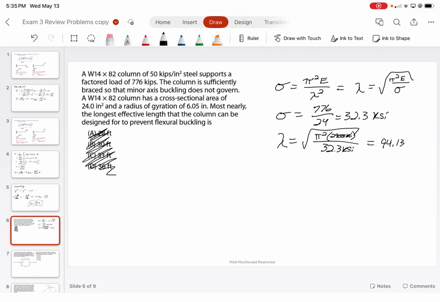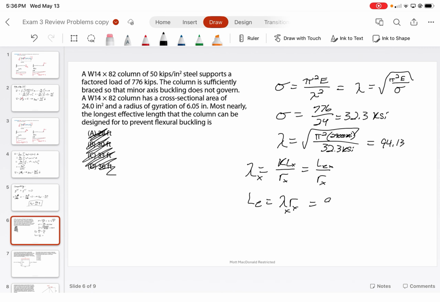From here, we know that the slenderness ratio is defined as KL over r, where KL is just the effective length, LE. So LE is just equal to lambda times r. In this case, because r is in terms of x, we're going to have lambda x. All of these are with respect to major axis bending.